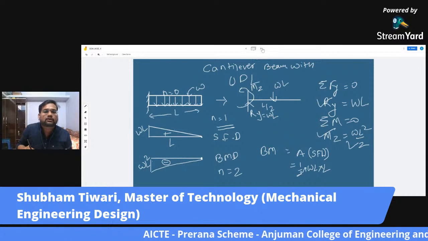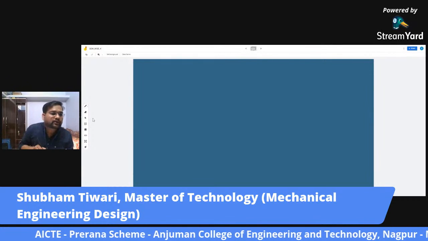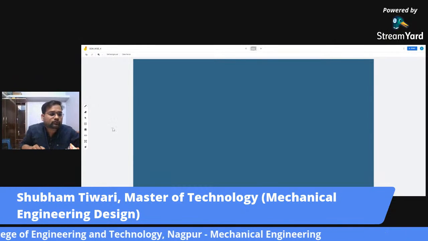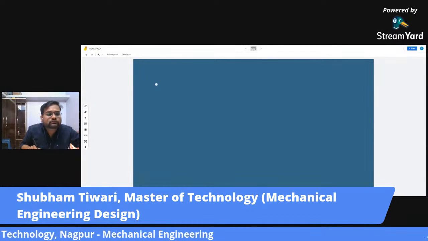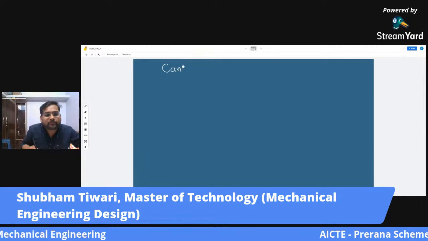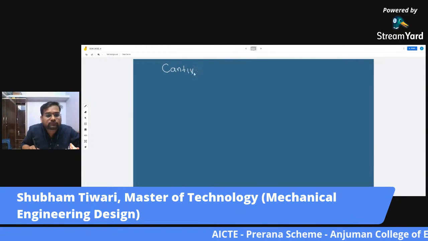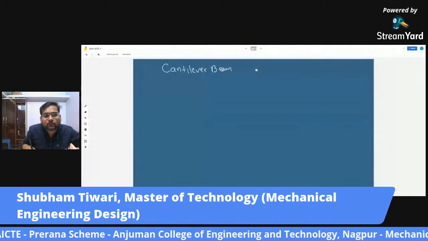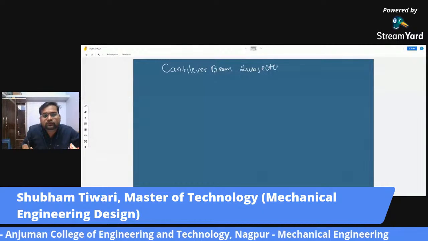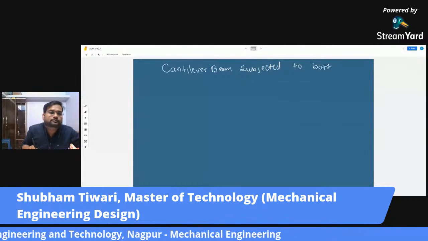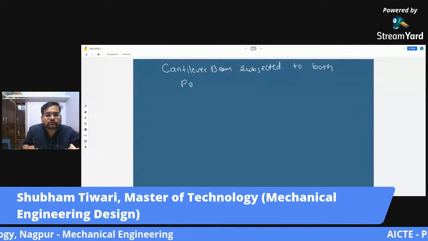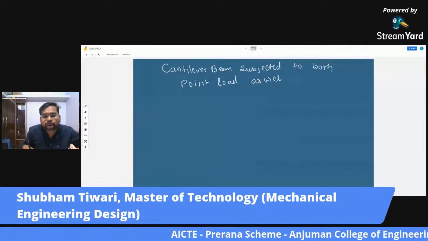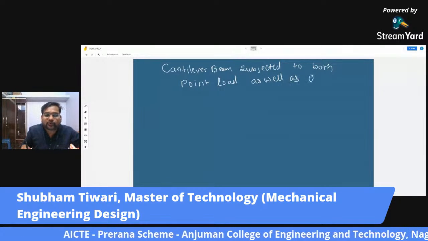Now we have the third condition, in which we have a cantilever beam subjected to both a point load as well as a uniformly distributed load.